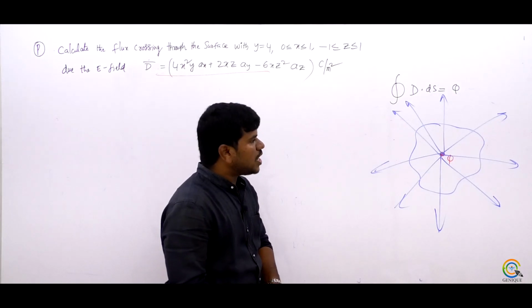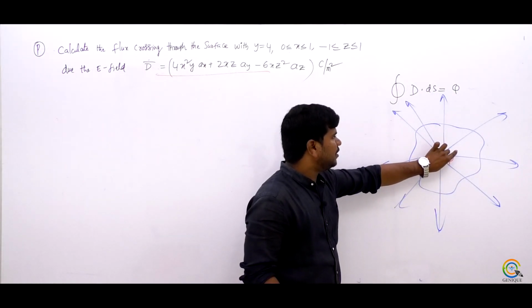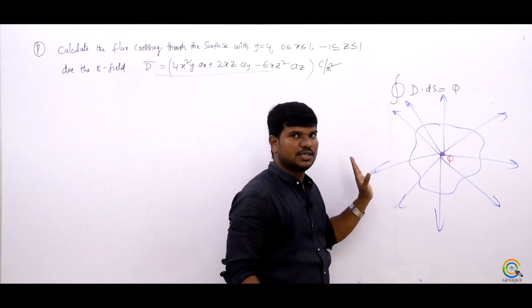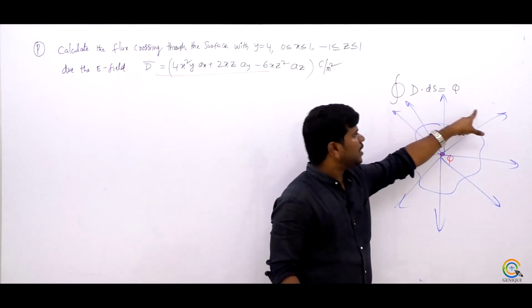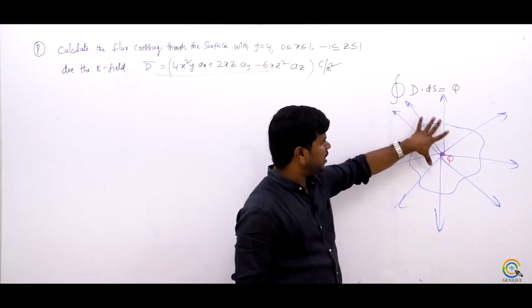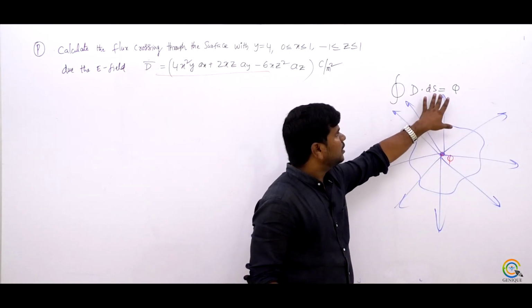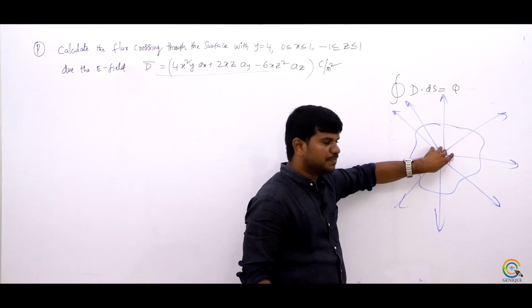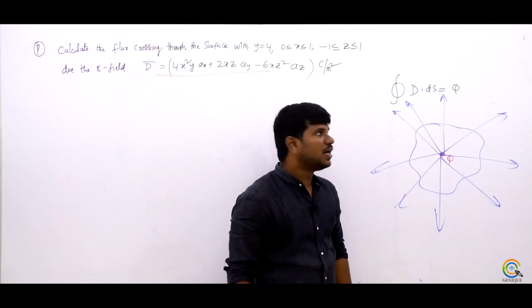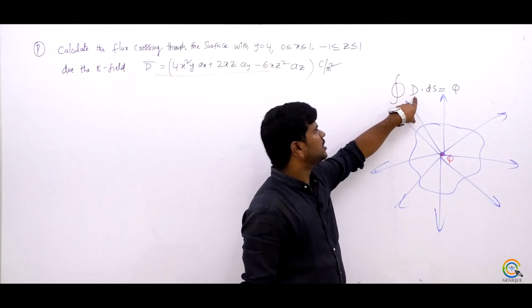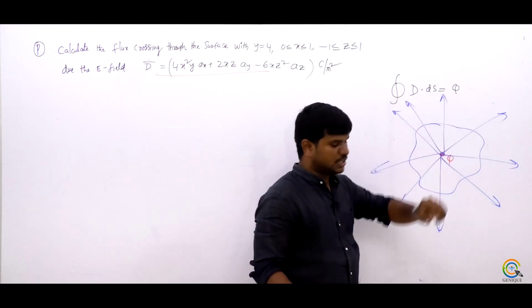So what is the Gauss Law saying? Due to this electric field, the electric flux lines come out of this surface. But Gauss is saying that the total net flux coming out of this entire closed surface is equal to whatever charge you are putting here. That is, the net flux leaving any closed surface is equal to the charge enclosed in the volume.